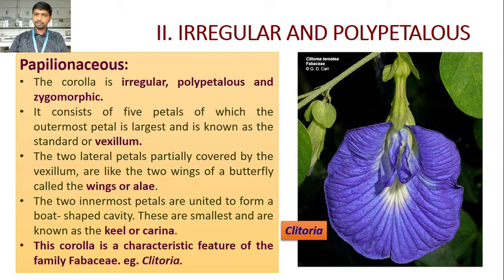The 2 innermost petals that are united to form a boat shaped cavity, which are present on the inner side of these wings, are known as the keel. So to the inner side of the wings, the keels are present. This is the corolla which we call papilionaceous corolla, which is the characteristic of family Fabaceae. Okay, so this is the irregular and polypetalous corolla, papilionaceous.